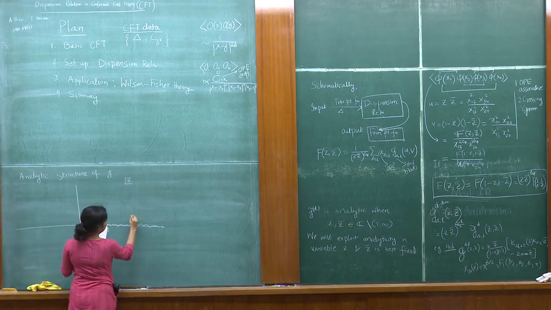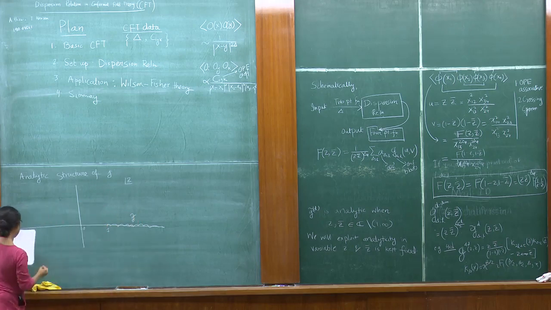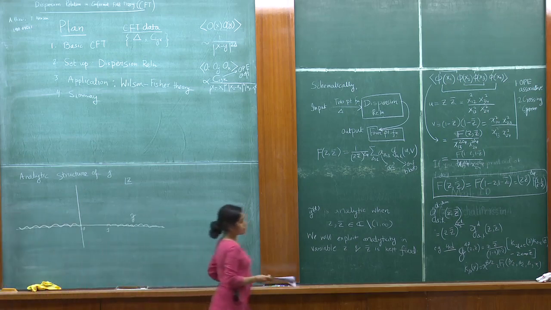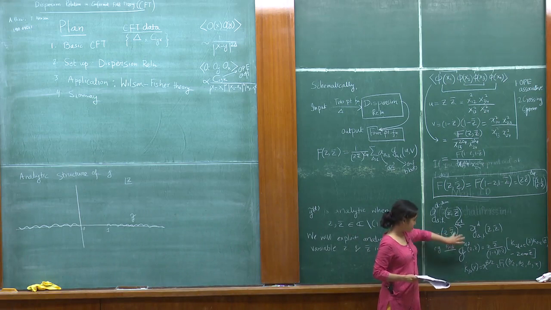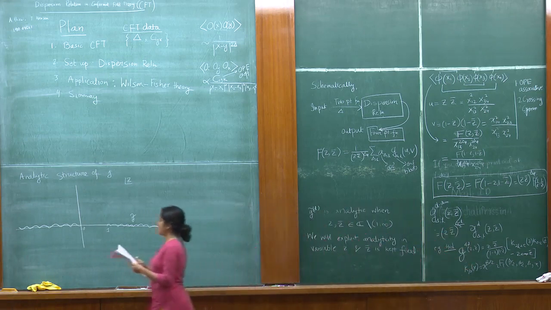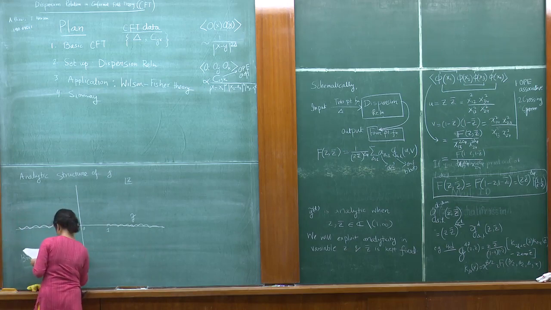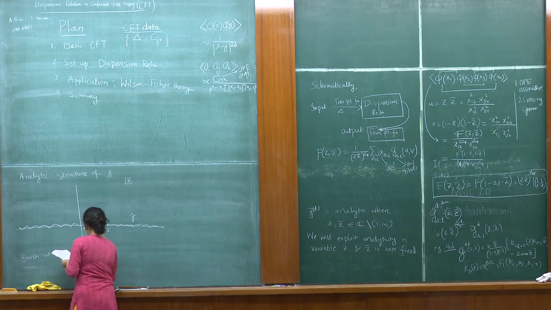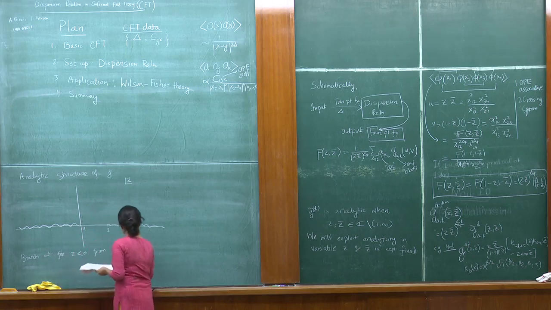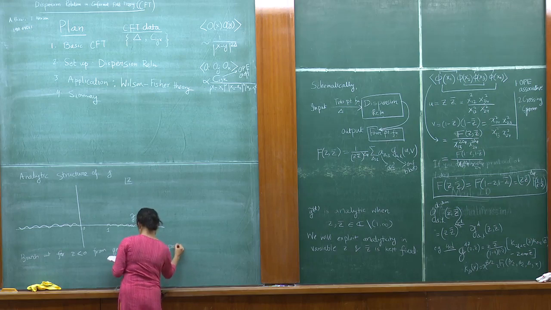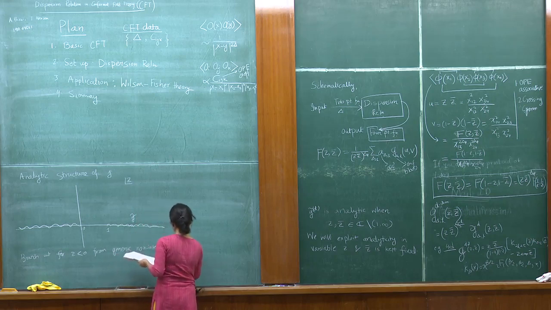This is the branch cut which comes from G tilde, and there is a power which sits in front, and it will have a branch cut for z less than 0 from generic non-integer powers of z.